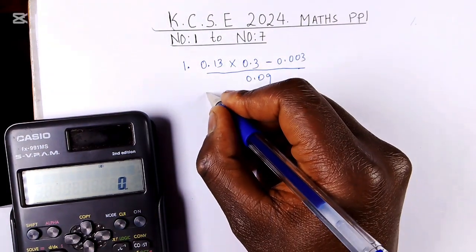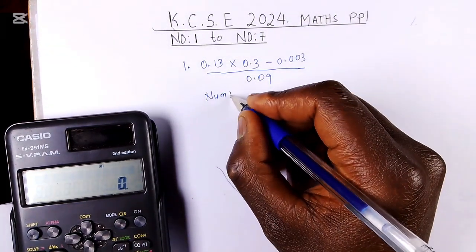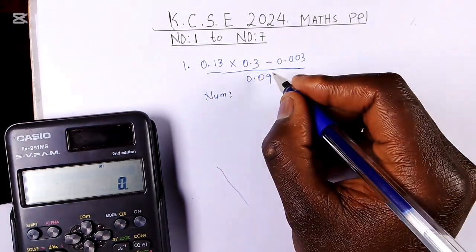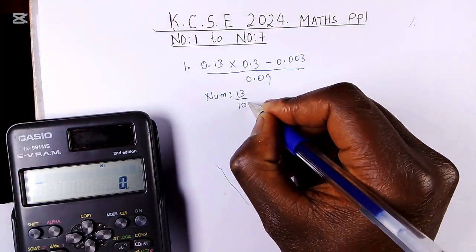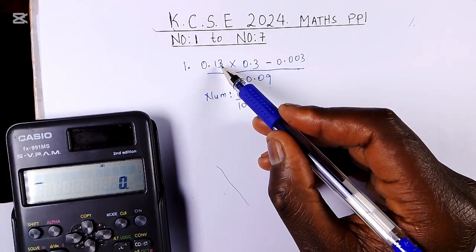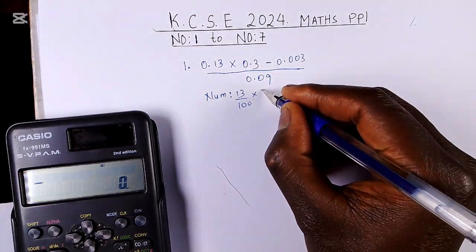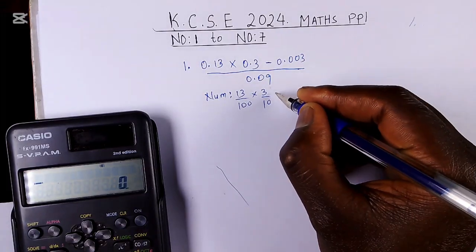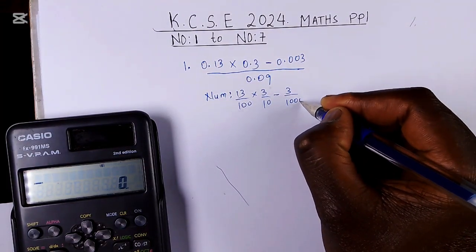So we will start by solving the numerator, and we can write the numerator as a fraction, so that will be 13 over 100. Remember, we take the two decimal places towards the right, so it will be 13 over 100 multiplied by 3 over 10, then minus 3 over 1000.